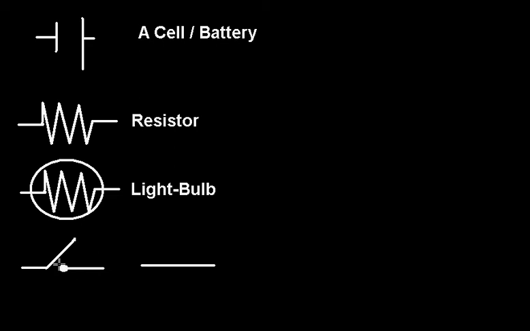Point here. So this right here would be an open switch, meaning if it were open, no power would be getting through our circuit. While this one being a closed one, then we should have power. And let me just label that as a switch.